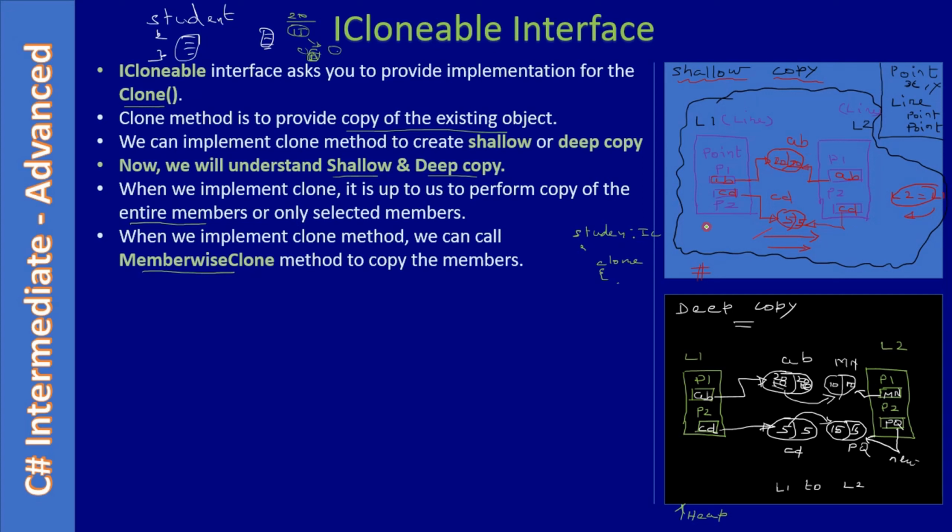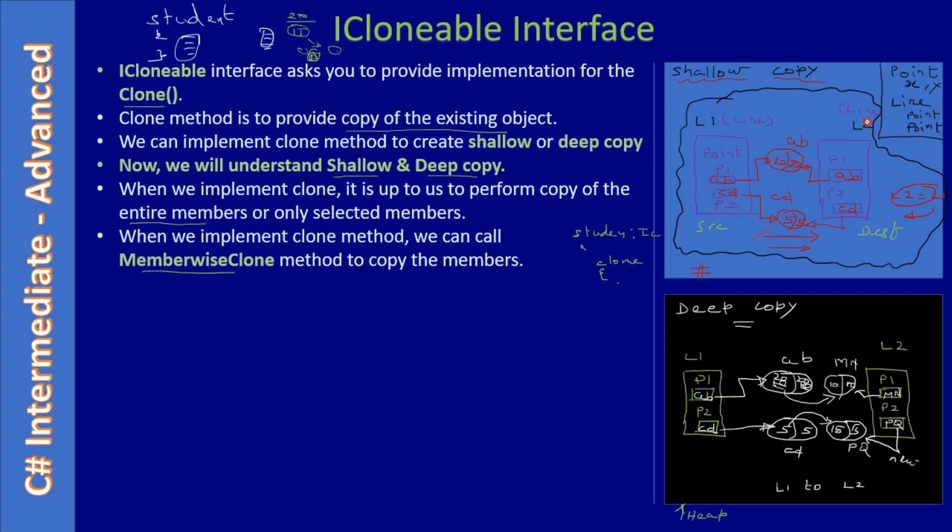This is the source, right? And this one is the destination. So the destination will be created on the heap when you make a call to MemberwiseClone on the line object, but the internal members, if they are a reference type, and since bit patterns are copied, point to the already existing location.